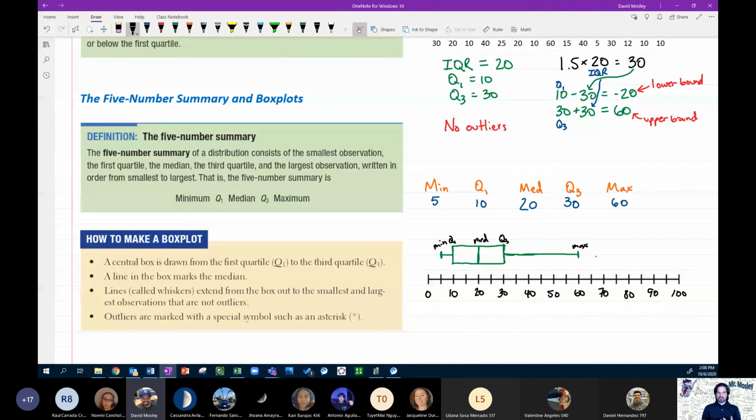It's a quick summary of what our distribution looks like. Where the box is kind of where the peak of the graph could be. We can see that this would be skewed to the right. Even though there's no outliers, it can still be skewed. So we get some extra information, which is kind of nice. It's a quick summary.